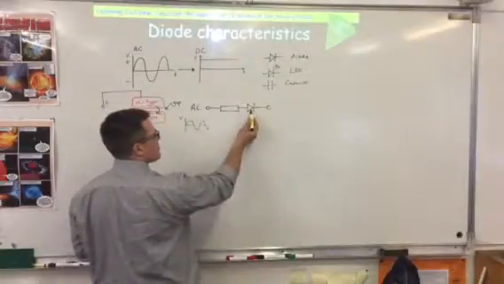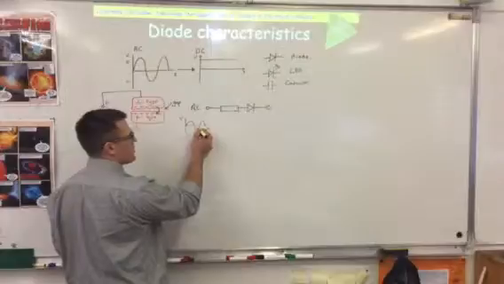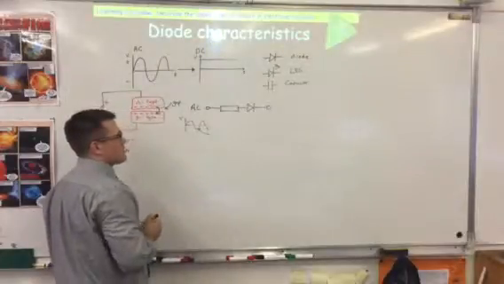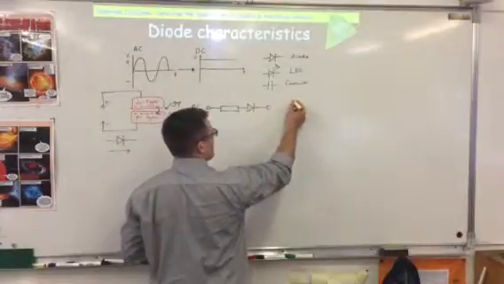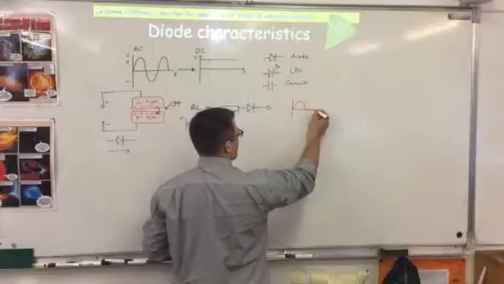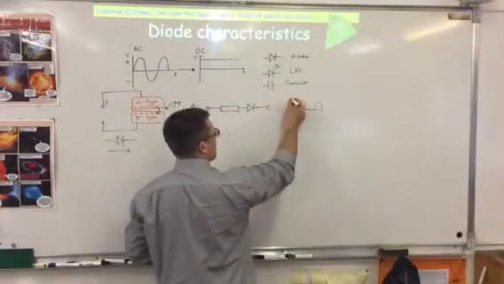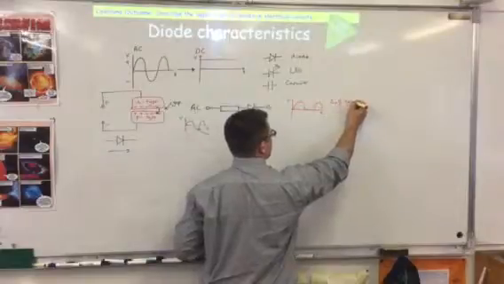But because it goes through the diode, it will not allow the current in the negative direction. And so my output signal will now look like this, which is what we describe as a half rectified circuit.